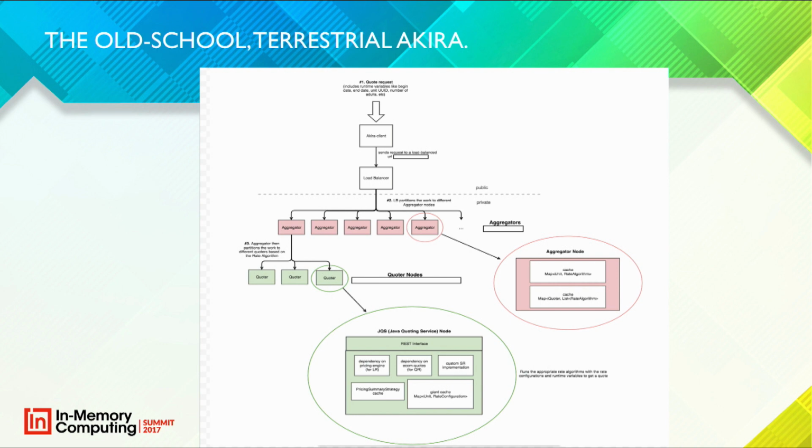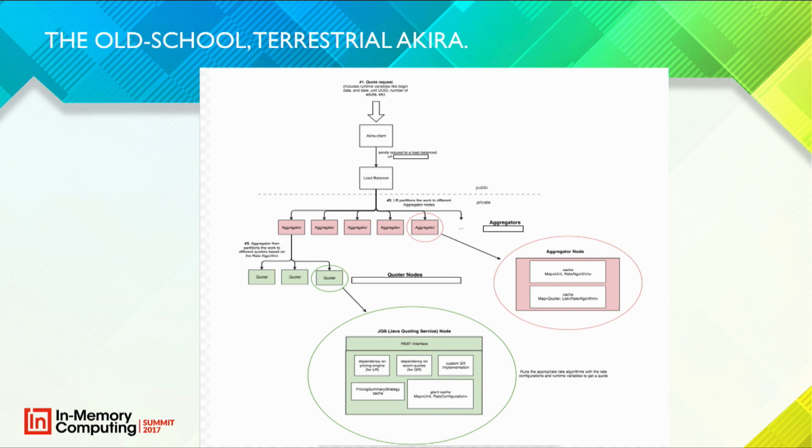And really, for the purposes of this application, we don't have to know much about it. We'll never talk really about how it works internally because it doesn't really matter in this discussion much. But a request comes in to a smart Akira client. It goes off to a load balancer, in our case, NetScaler. That's sent down to a VIP. The VIP then translates it to a set of nodes called aggregators.